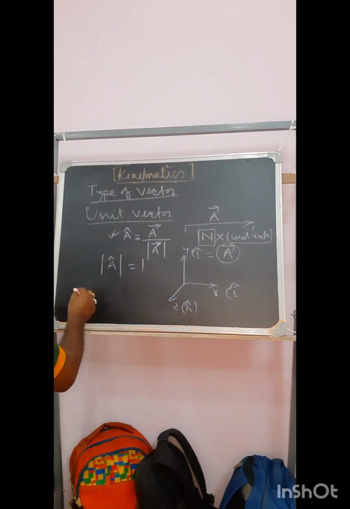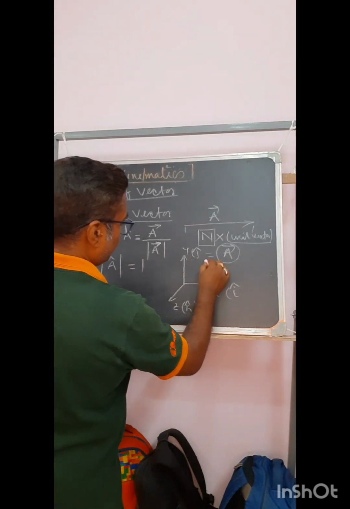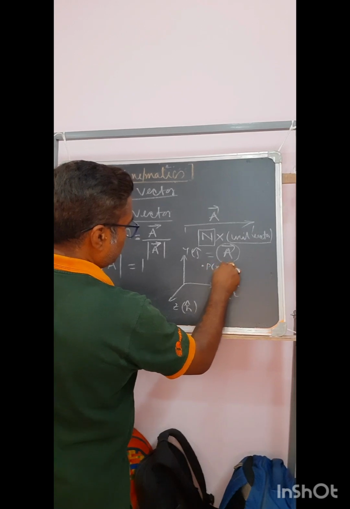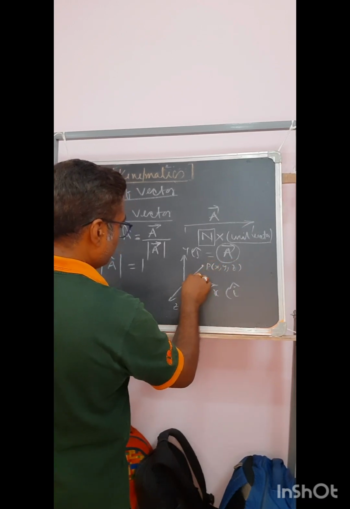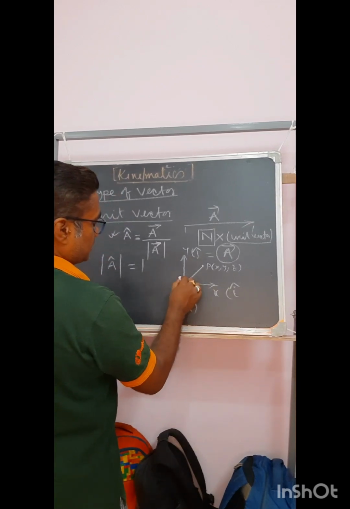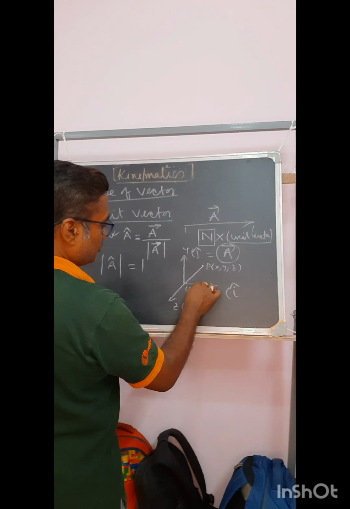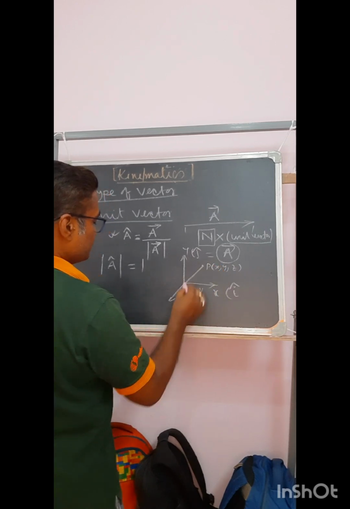If I represent any point P with coordinates x, y, z, then the vector with reference to a fixed point, the origin O (0, 0, 0), is called the position vector.